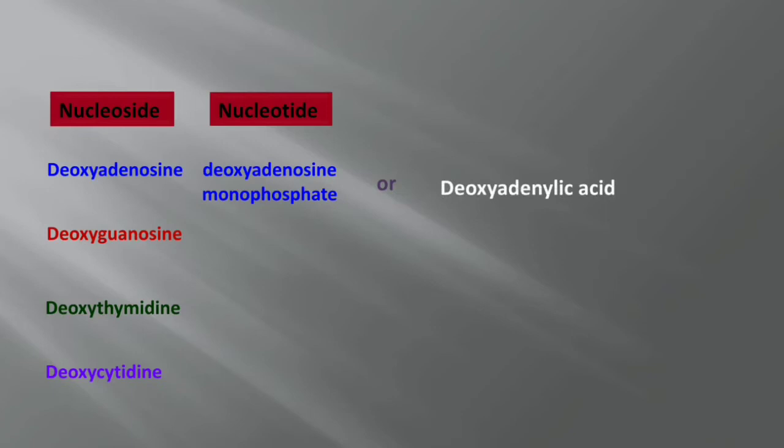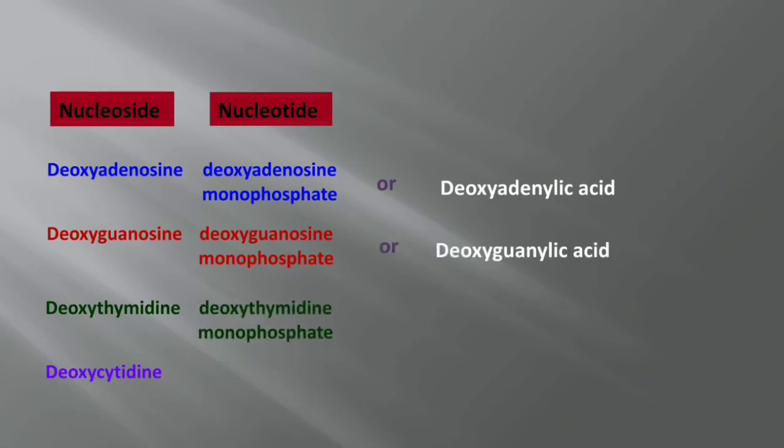And deoxyguanosine combines with phosphate group to form deoxyguanosine monophosphate, dGMP, or deoxyguanylic acid. Deoxythymidine combines with phosphate group to form deoxythymidine monophosphate, or dTMP, or deoxythymidylic acid.